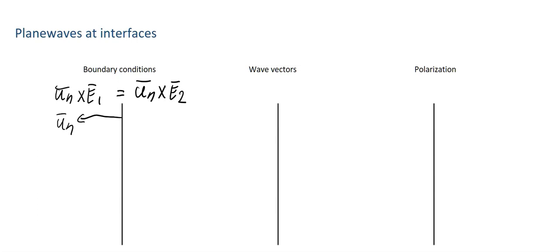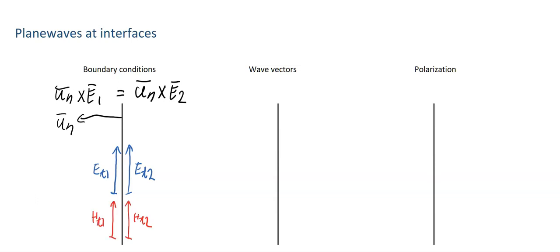This means that the tangential component of the electric field is continuous across the interface. Also, the tangential component of the magnetic field is continuous across the interface.